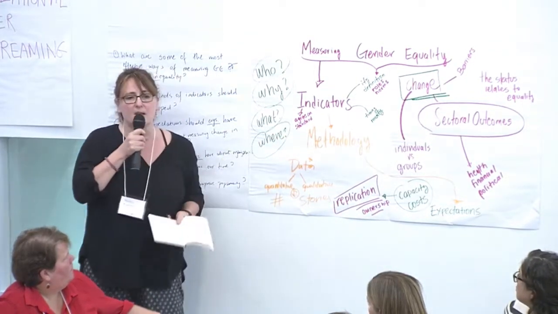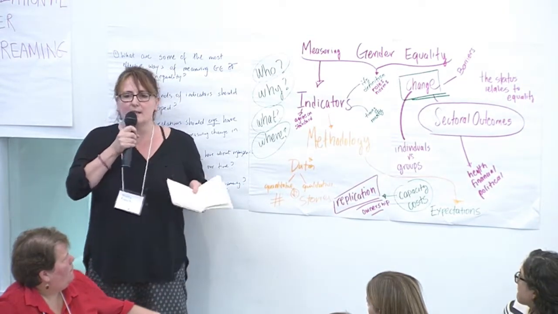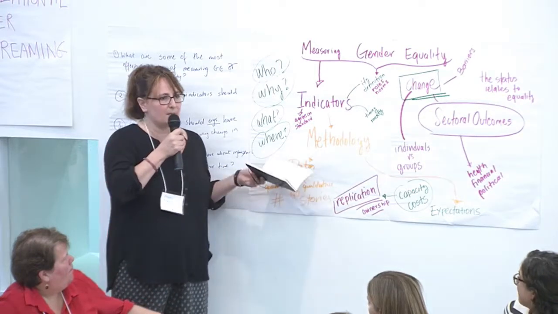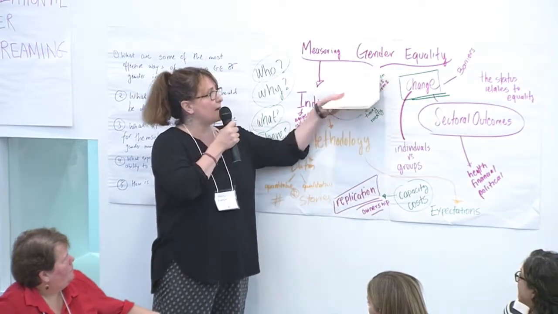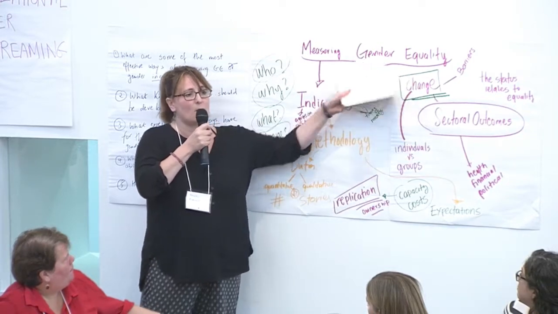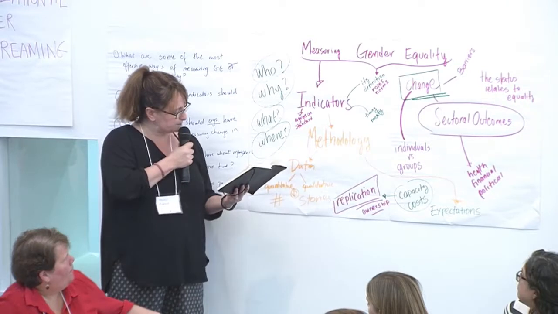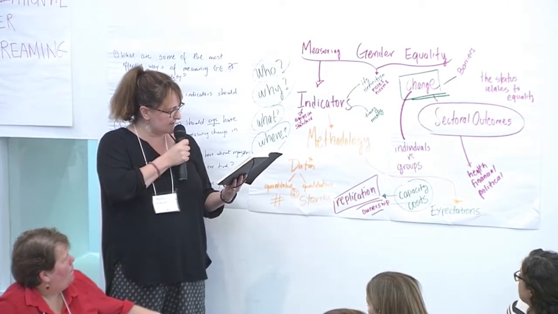We talked a lot about measuring barriers. So when we're developing a program, identifying those barriers that are in the way of equality, but really taking the time to measure what it looks like when those barriers are removed, right?